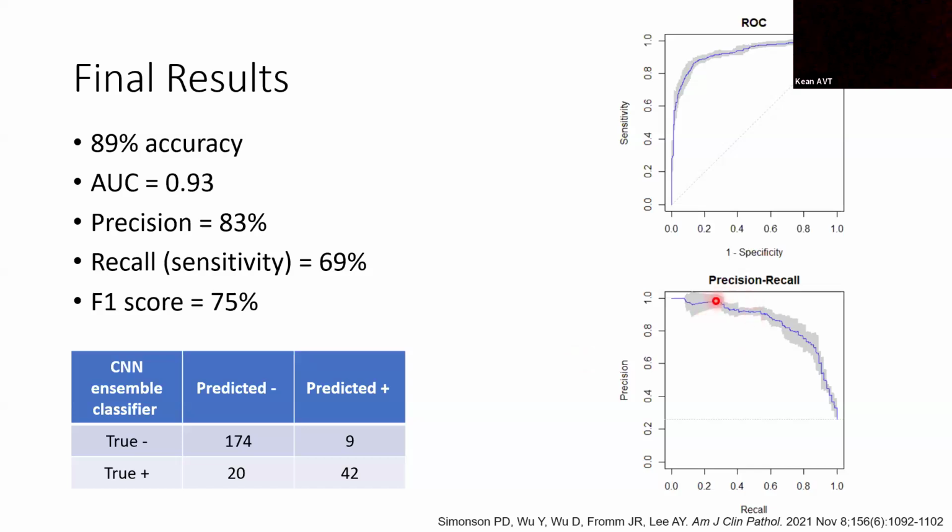Basically, we want the curve to approach the upper right corner. The farther to the upper right corner we get, the better the algorithm was at making predictions. In this case, it did quite a good job. F1 score is also another metric used commonly in machine learning, and the F1 score here was quite respectable.